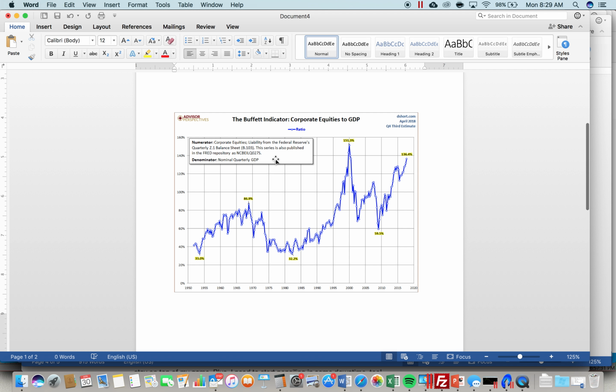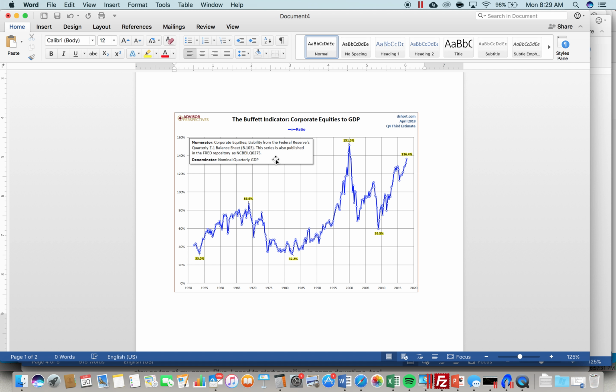Now, to shift gears a second, I'm going to get back to another page here. If you look at the Warren Buffett indicator, something that I've talked about, Warren Buffett's favorite indicator is the ratio of market capitalization, the total value of all stocks, to gross domestic product, which is basically the economic output of the United States. So you take the total value of the market and divide by total economic output.